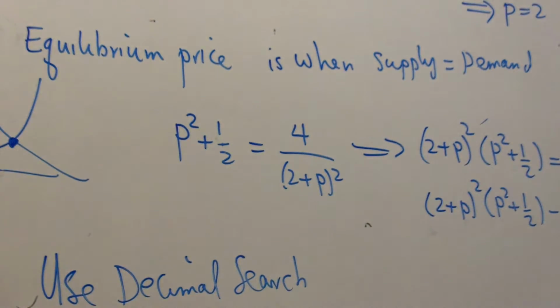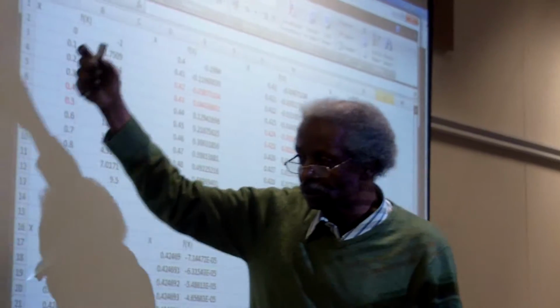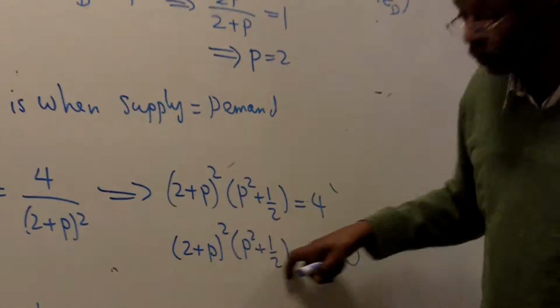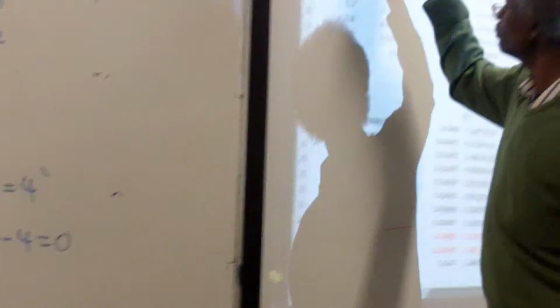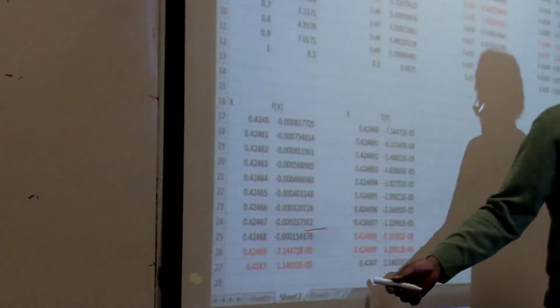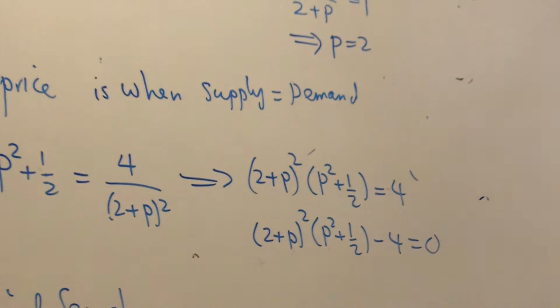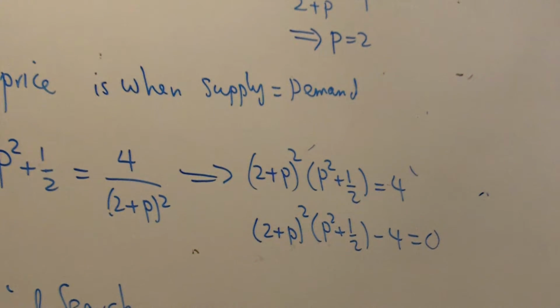Now when I looked at the graph, I started the normal decimal search method here with this expression, and table after table after table until I got an answer correct to 5 decimal places. I think we did that in the class, and hopefully everybody knows what to do. So that is the first part.